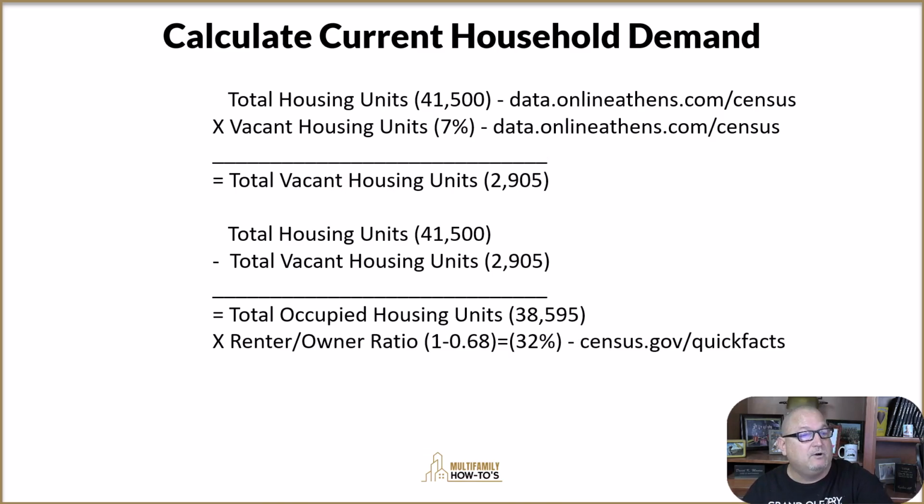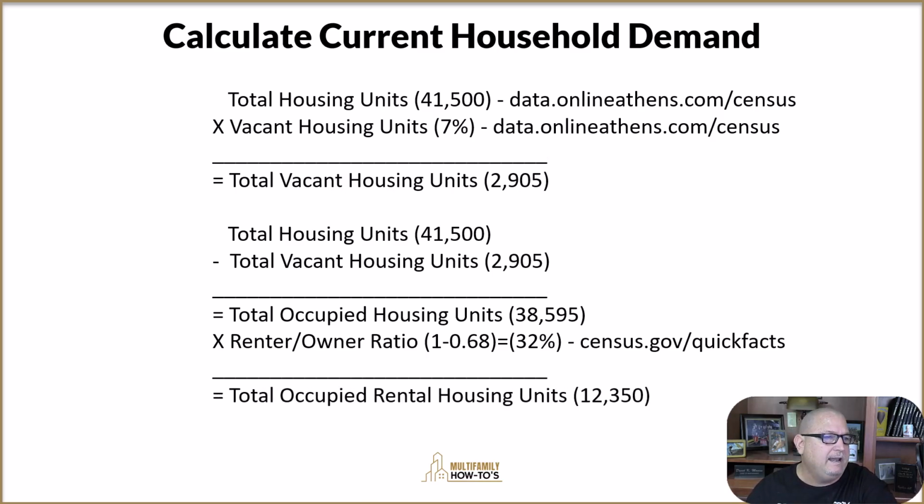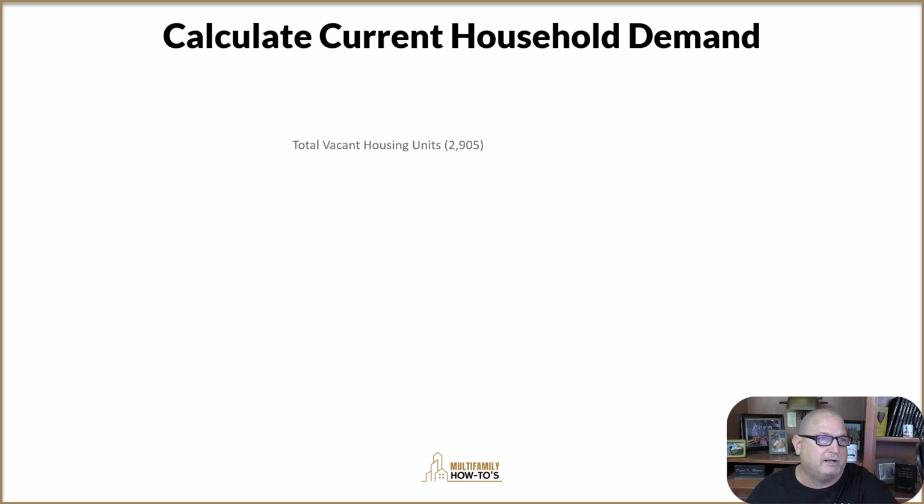We want to factor in that owner-renter ratio so we can determine what the renting supply is. So now we know that for rental housing units, there are 12,350 housing units in the market.